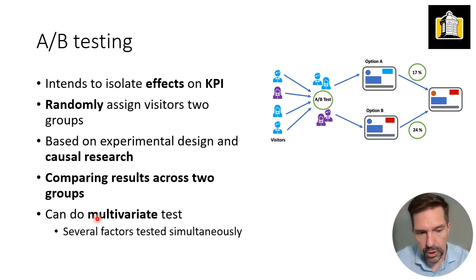Okay, but you can do multivariate testing. That means where instead of only testing 2 groups, meaning one factor, one variable that you're changing, you do multiple ones. Okay, and the only limitation for this in real life, which is a real limitation, is the amount of time that it's going to take you to run the experiment.